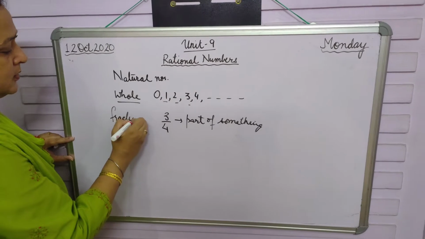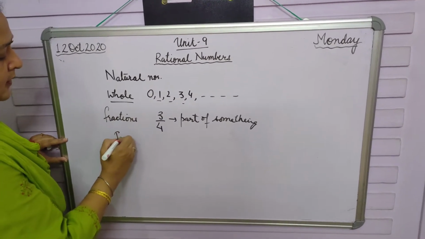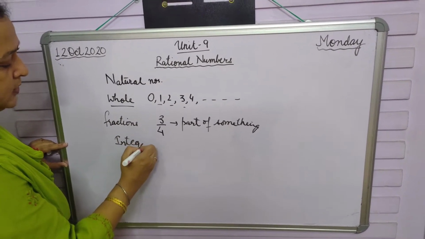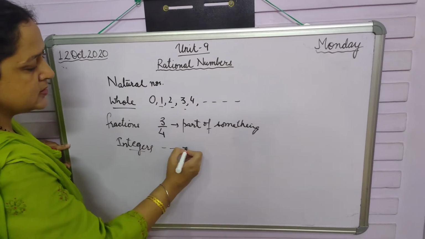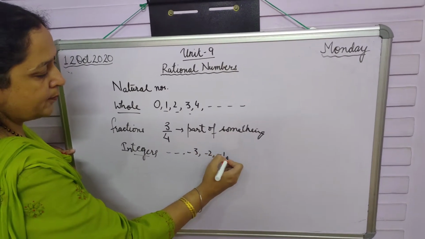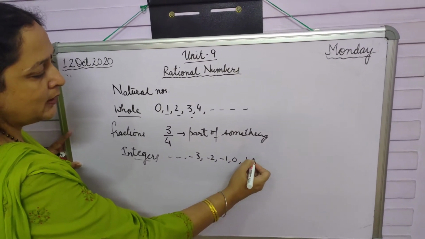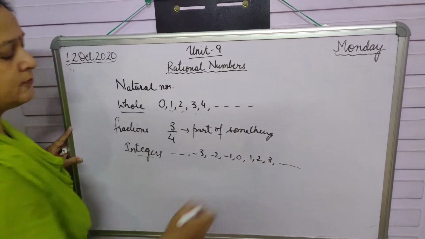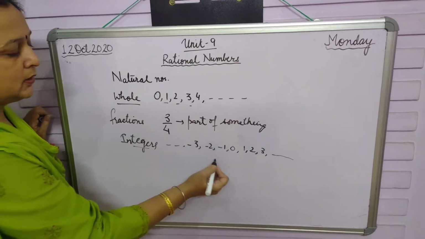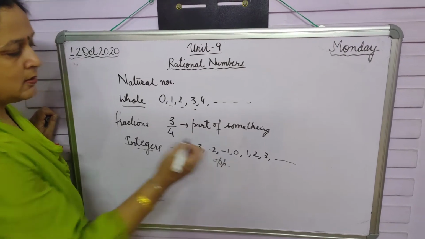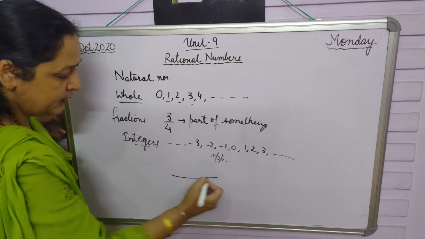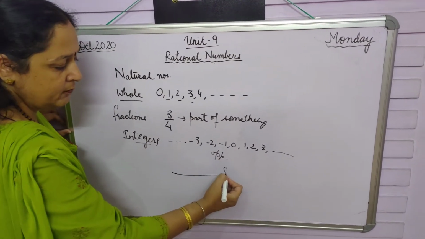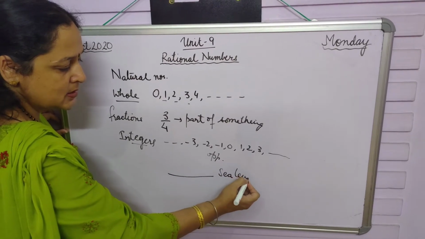After that, you have studied in class 6 about integers, where integers include negative numbers also. And we know that there is no such thing as negative numbers. This is just denoting the opposite process. Suppose this is the sea level and I am considering this as 0.